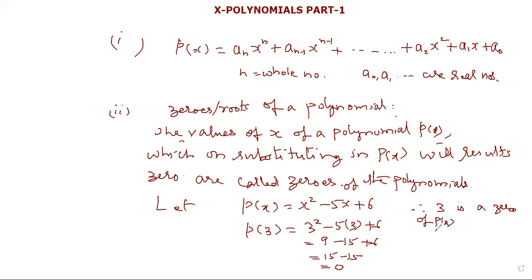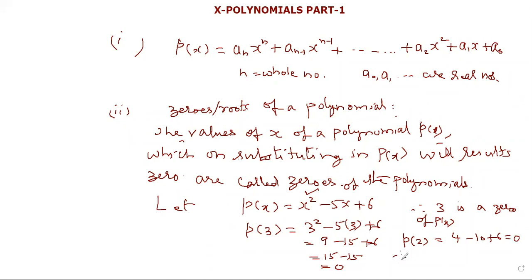Okay. Similarly, if we put 2 also, because if it is a quadratic polynomial, it will have two values. It will have two zeros. So if you put p(2), 2 squared is 4, minus 5 twos are 10, plus 6, also you get 0. So therefore 2 is also a 0.